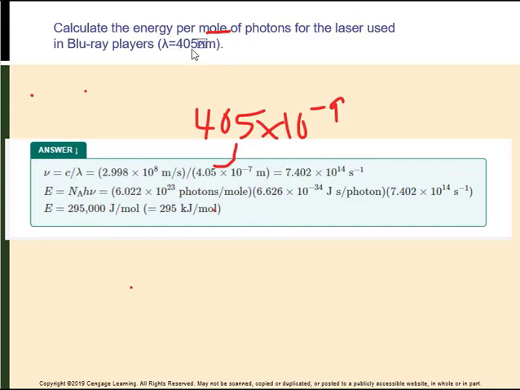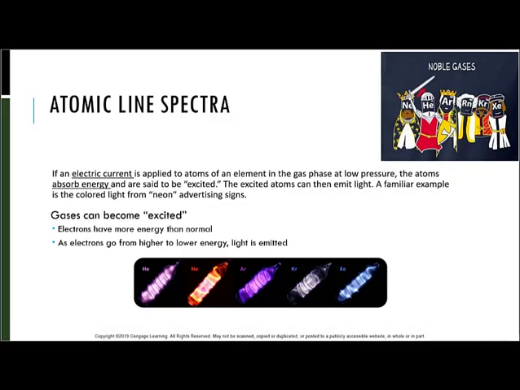Given 3 sig figs up here, 295,000 joules per mole. And then you could also simplify that if you wanted to change it to kilojoules, that it would be 295 kilojoules. So either way.